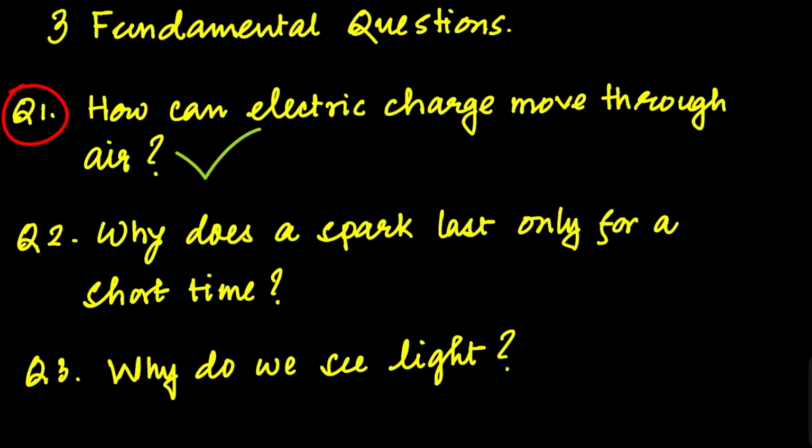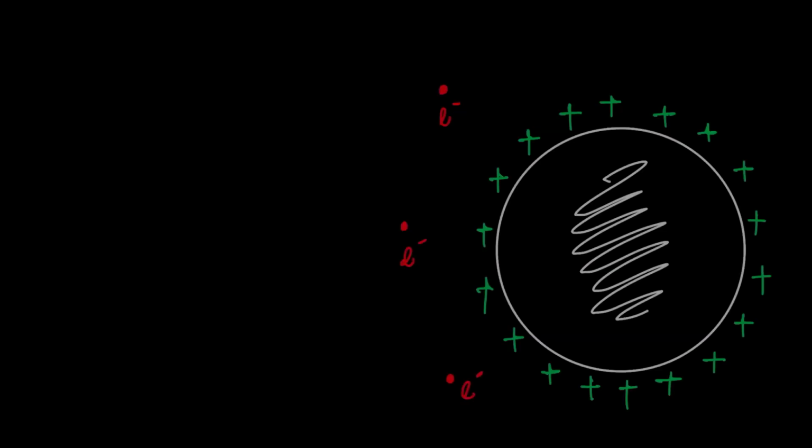This brings us to the next question. Why do we observe a spark only for a very short time? The free electrons which are present near the positively charged metal ball feel an electron deficiency in the ball, making the ball less positively charged.